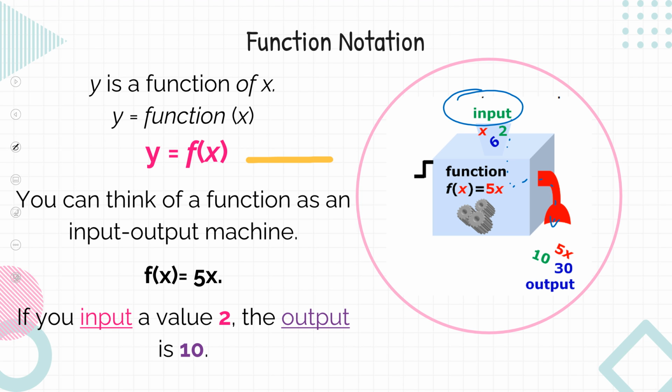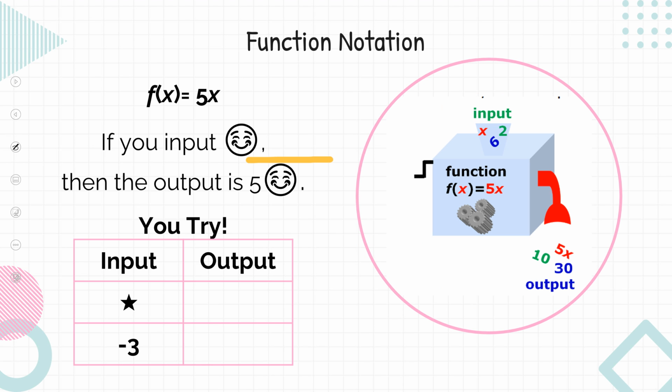So I've got 5 times 2, because I'm finding my function in terms of 2, which is going to give me 5 times 2. And look, we have the output of 10. So my function at 2, where x equals 2, is going to equal 10. That's your output. So if you input a value of 2, the output is 10.